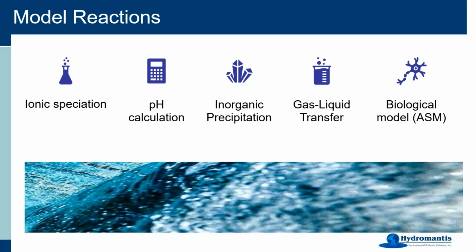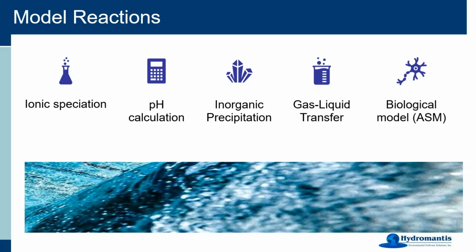Inorganic precipitation is modeled with respect to certain precipitates, and we utilize the principles of solubility product and some kinetics expressions to make it more dynamic in nature. That's the way we estimate inorganic precipitation in our system. Gas liquid transfer: sometimes, for example, you have places where you're stripping CO2 or transferring oxygen into the system, and we take into account all of those gas liquid transfer processes in this model.